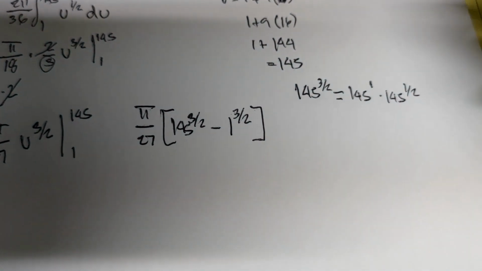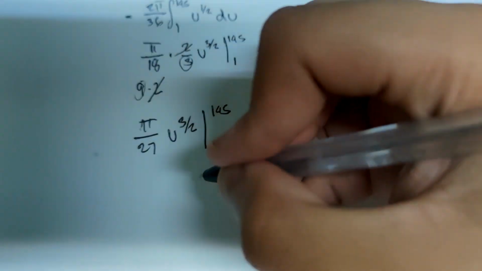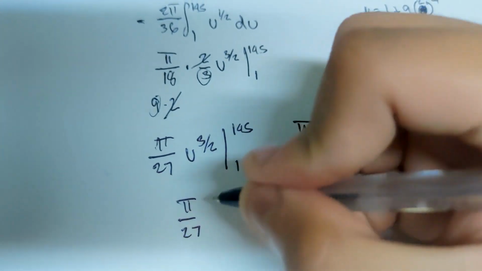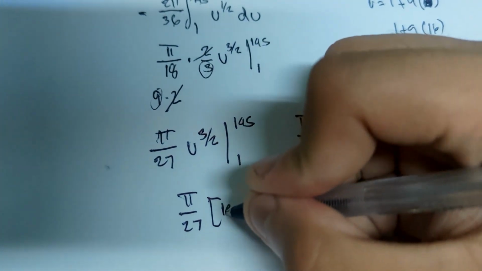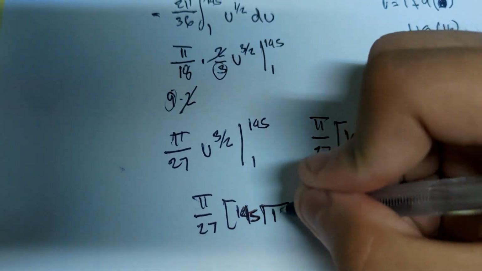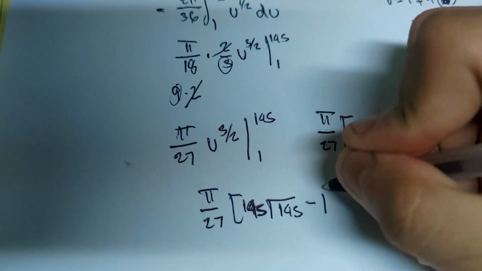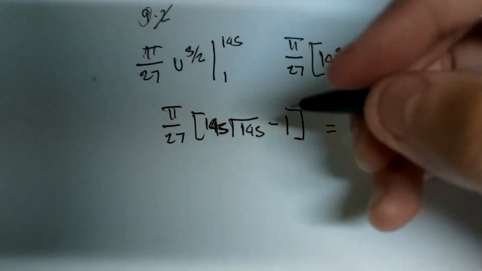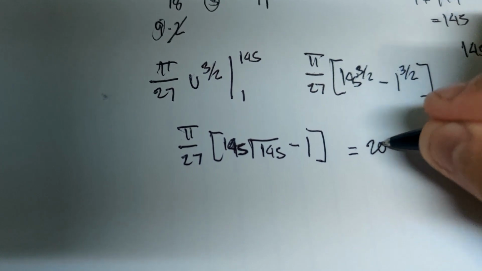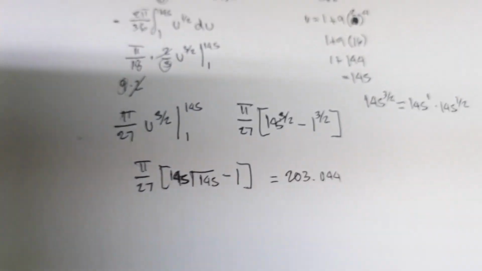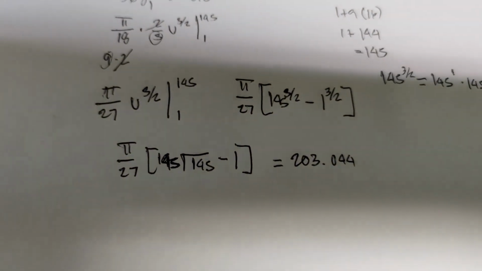So we get pi over 27 times 145 square root of 145 minus 1. Simply, when you use your calculator, this is just equal to 203.044. So this will be your answer.